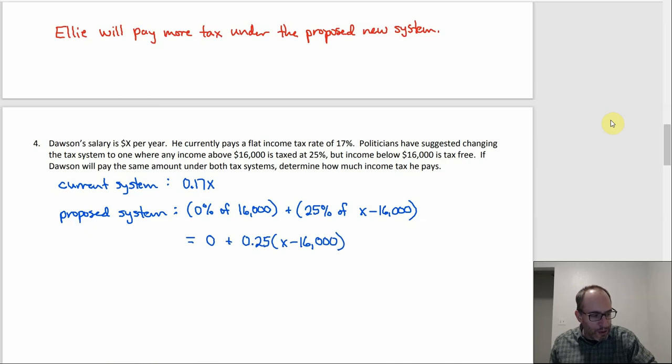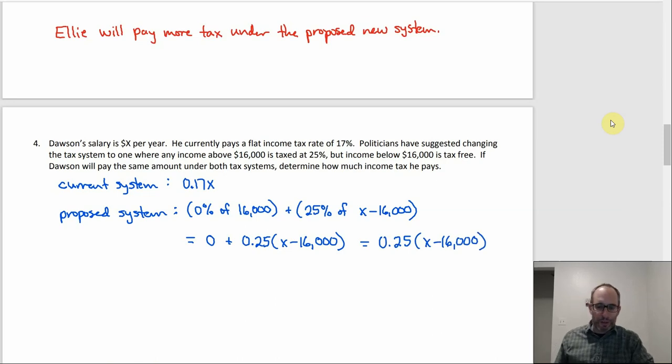All right, well then adding the 0 doesn't really do anything, so this is really just 0.25 times x minus 16,000. And then we could simplify it now, or we could simplify it in a minute. So I guess we'll just simplify it in a minute because this is so far over to the right on the page as it is.